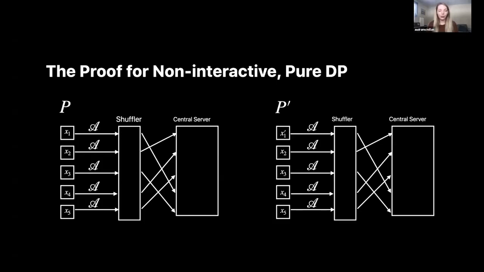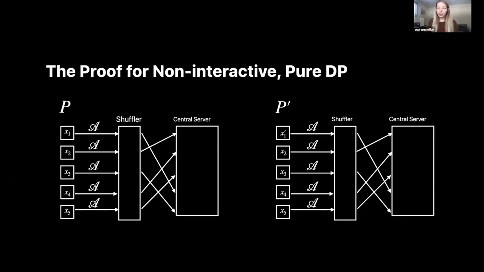So each person is going to have one local randomizer, A. Each person is going to send a report using this local randomizer, and then the shuffler is going to shuffle them and send them to the central server. And A is going to be epsilon differentially private, so pure differentially private. The proof actually isn't very much more complicated if I get rid of the requirement that everyone sends the same thing and I allow interaction. But just for brevity, I'm going to keep it to the simple one.